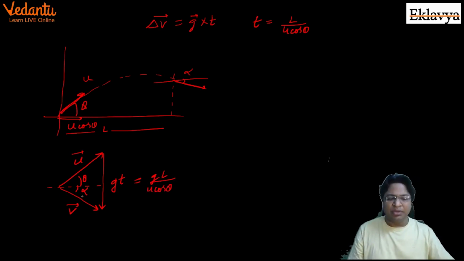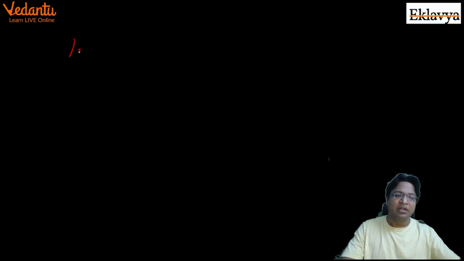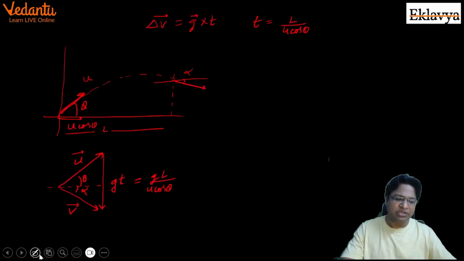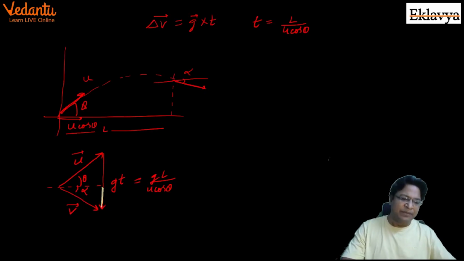Now from here, notice that if I want to write tan alpha, it would be written as this height. Let me change the color of the pen. This height is the entire height minus u sine theta, because this length is u sine theta.